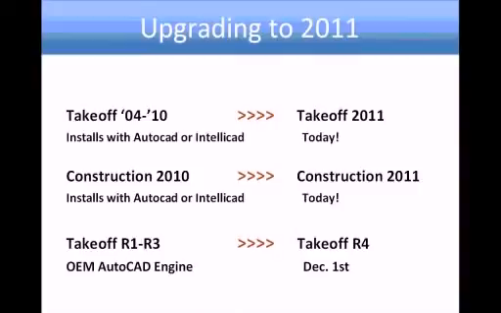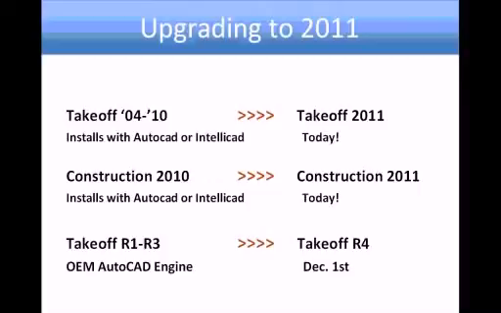Looking at what we are going to take a look at today and our new release and how you could upgrade to that, there's a couple different options. If you're on Carlson Takeoff, any version 2004 to 2010, that's the module version that installs with either AutoCAD or IntelliCAD. You can upgrade to Carlson 2011, and that's something that is only hours away from being released today.